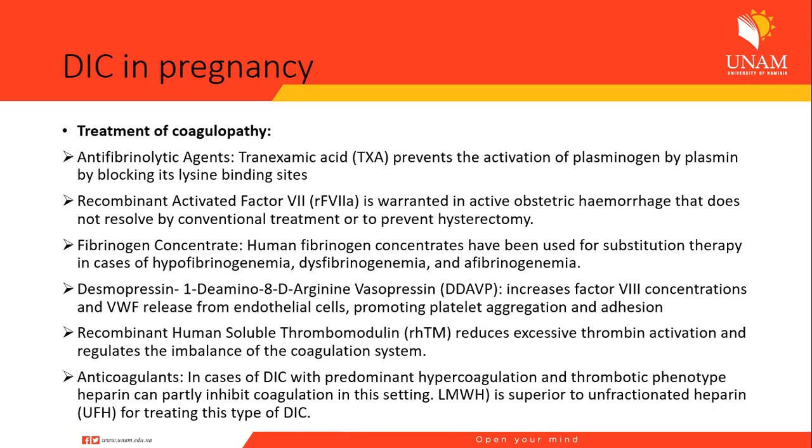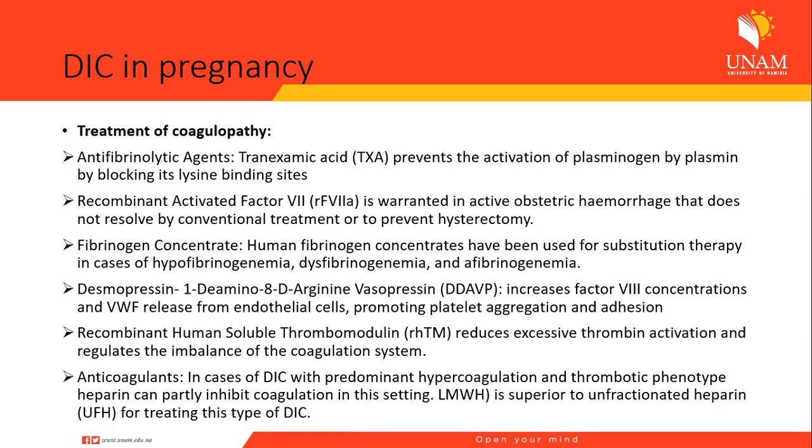The analog of vasopressin, desmopressin, 1-deamino-8-D-arginine vasopressin, increases factor 8 concentrations and causes a release of von Willebrand factor from endothelial cells. All this helps to promote platelet aggregation and adhesion.